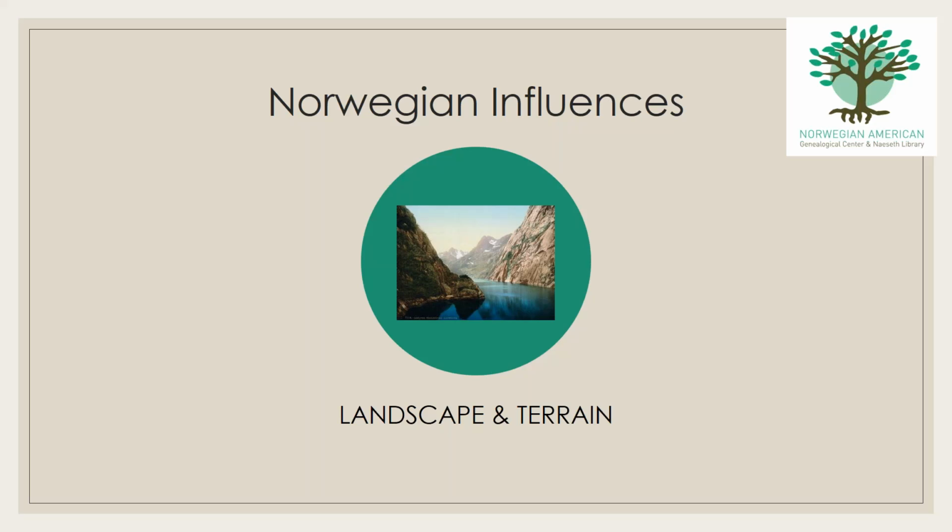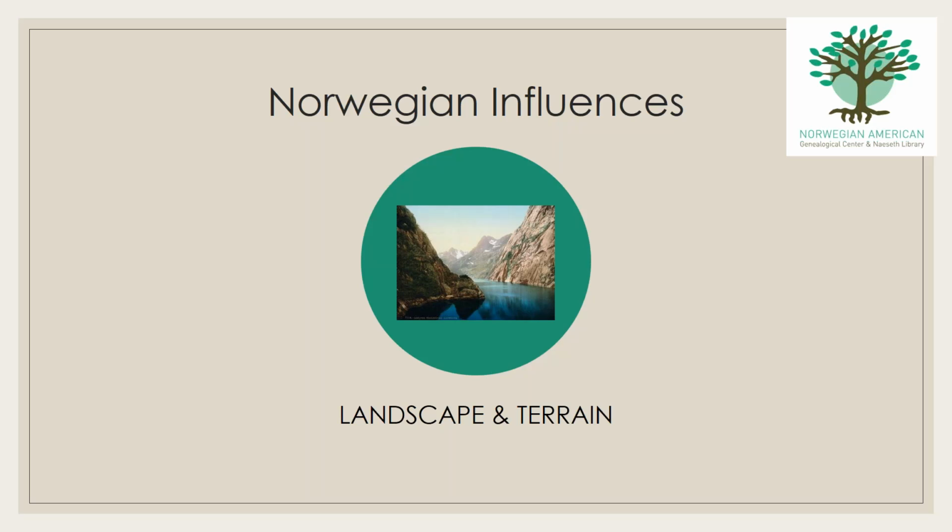It is incredibly mountainous, which means that there are a lot of communities that are separated from each other by mountains and fjords. And there hasn't been a lot of language exchange throughout most of Norwegian history from one community to the next. If you can't get from one town to another because there aren't good roads, you can't exchange language and ideas and customs.